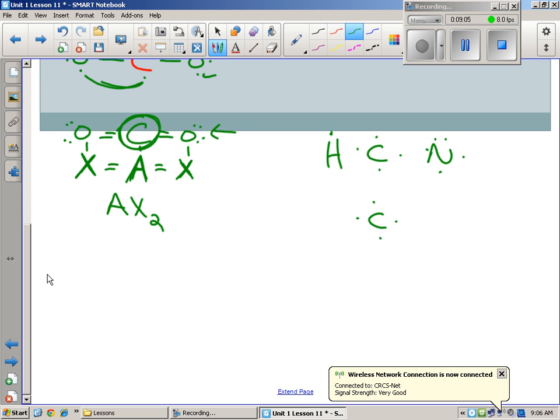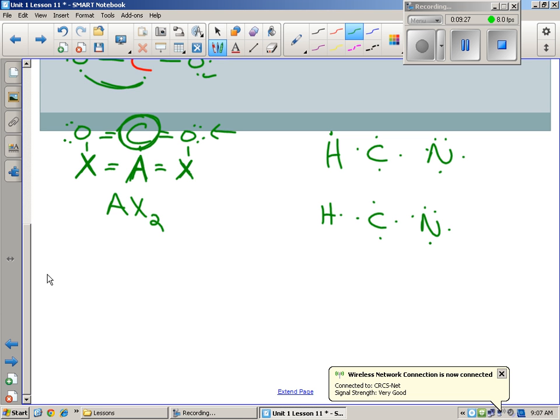That one's good. Put an H somewhere, wherever you wish. Put it there. If C is going to be my middle atom, maybe I want to put the N on the other side. Something like this. And we start to make a molecule.